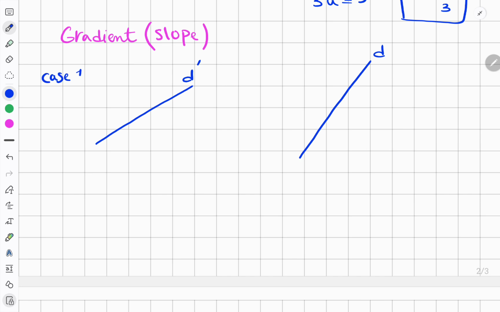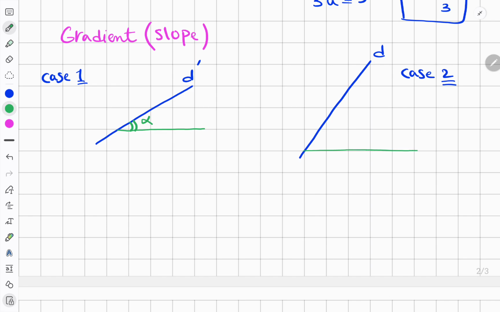So call this case 1, and this is case 2. In fact, we can draw a horizontal line, and we can see that we have an angle here, which is called alpha.